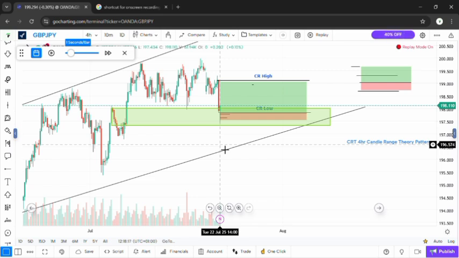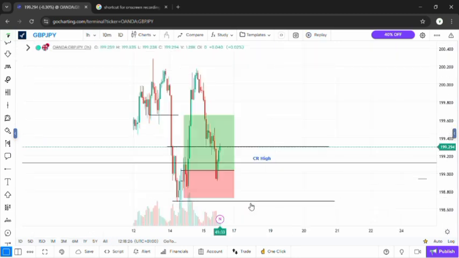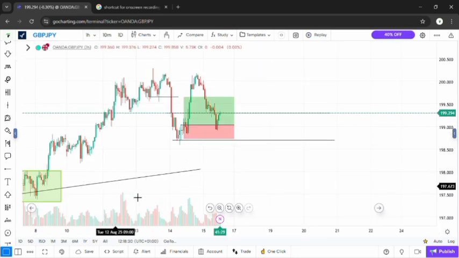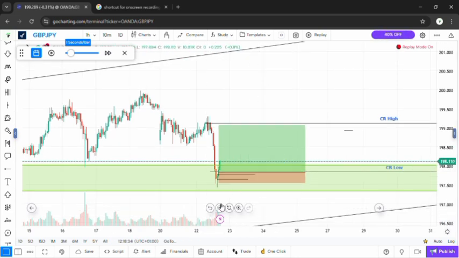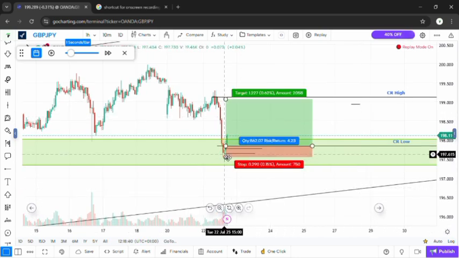Then I went down to the 1 hour time frame. Going down to the 1 hour time frame, this is what I saw. This was a red candle, this particular candle here, that swept the previous CRT low.